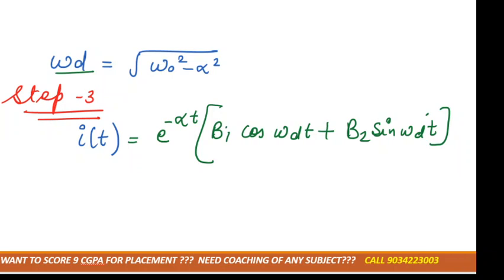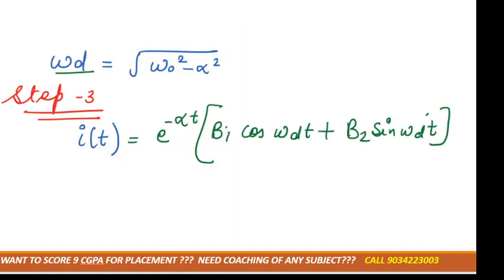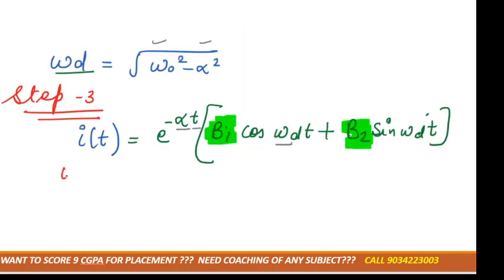Now in step number 4, we need to calculate a1 and a2. Similarly here we need to calculate b1 and b2, right? So alpha we know, t is in the form of equation, omega d also we know because omega naught and alpha we already know. For calculation of b1 and b2, what we have done is we put t equal to 0. Here also we need to put t equal to 0, that we can count as step number 4.